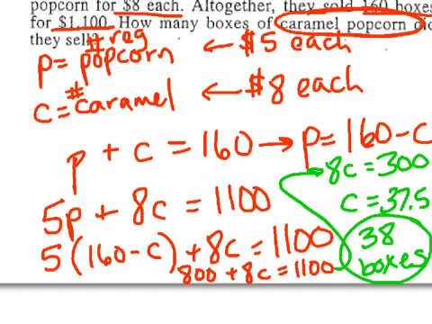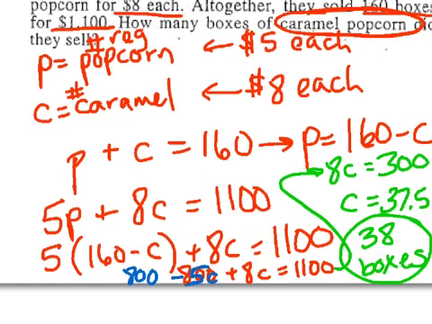I apologize, I realized I made a mistake here, so I'm going to come back and fix it. So here we had what should have been 800 minus 5c.